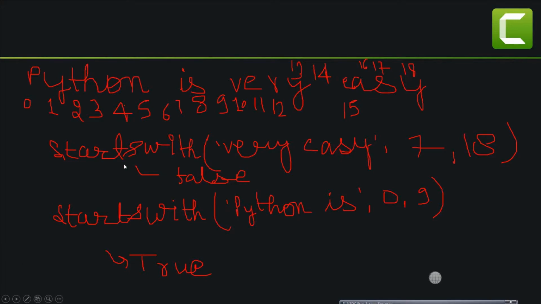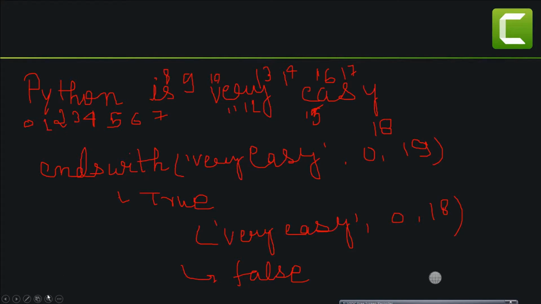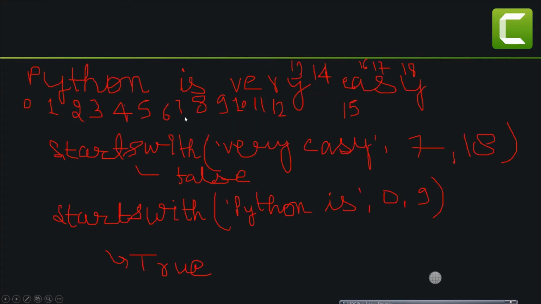In the first scenario, I have taken very easy for string 2, at index 7 to 18. That is not our start word, it is our ending word. So startswith returns False, because startswith checks the start word.